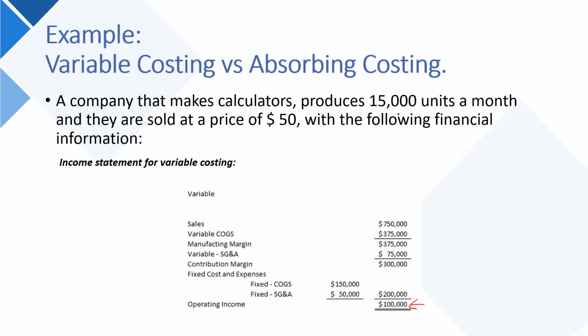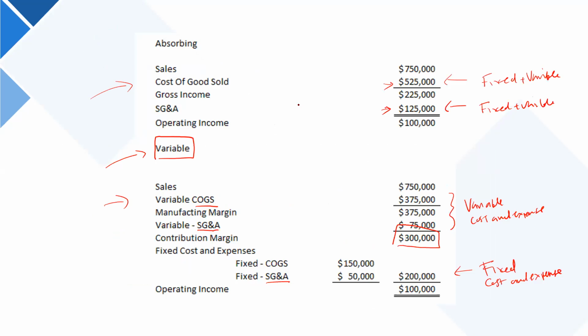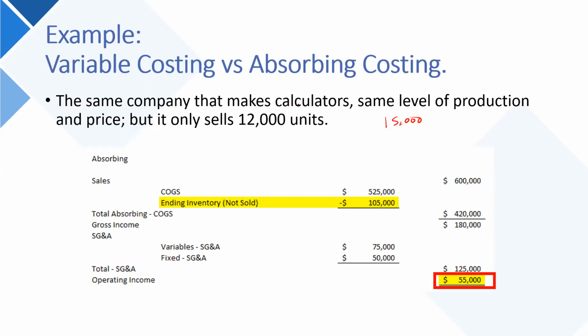I told you here that I'm producing 15,000, so it's just a follow-up of this exercise. I am producing 15,000, but I'm only selling 12,000. So I have 3,000 units that I cannot recognize as cost of goods sold. These are actually inventory.